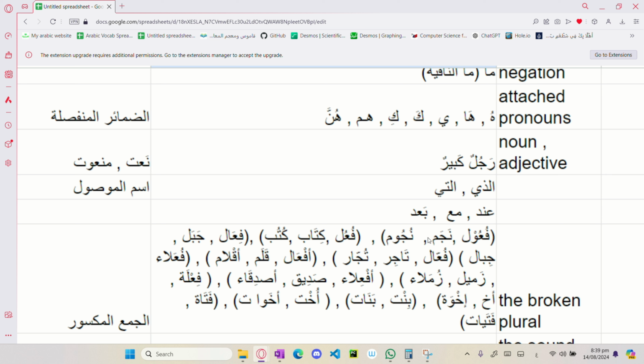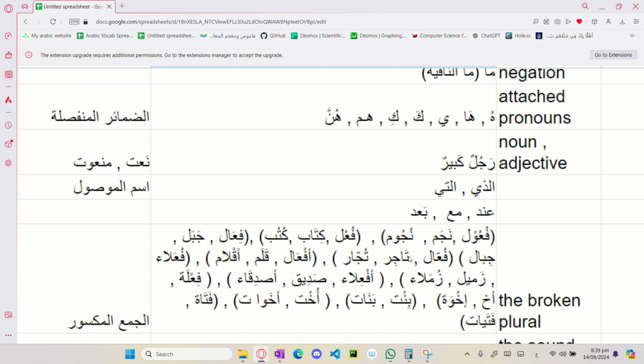But I would never recommend you guys to rote learn these forms. You should just simply memorize the singular and the plural. Najm, nujum, and similar is fu'ul, an example of which is kitab, kutub. Fi'al, an example is Jabal and Jibal. So the form is for the plural word, Fi'al and Jibal.